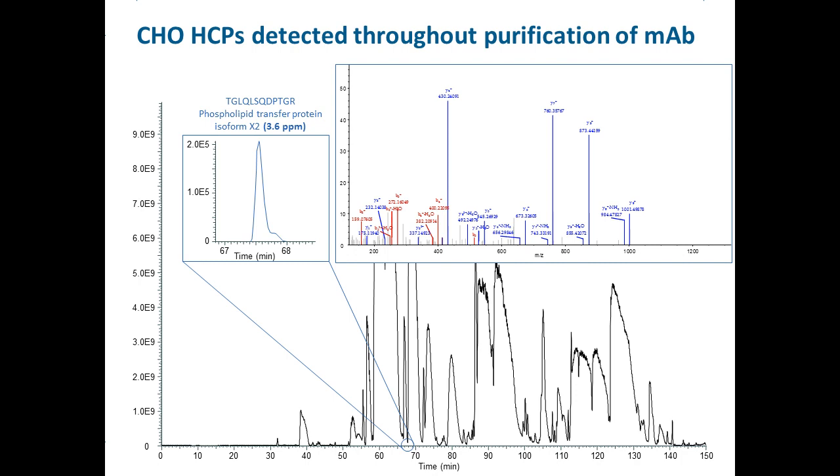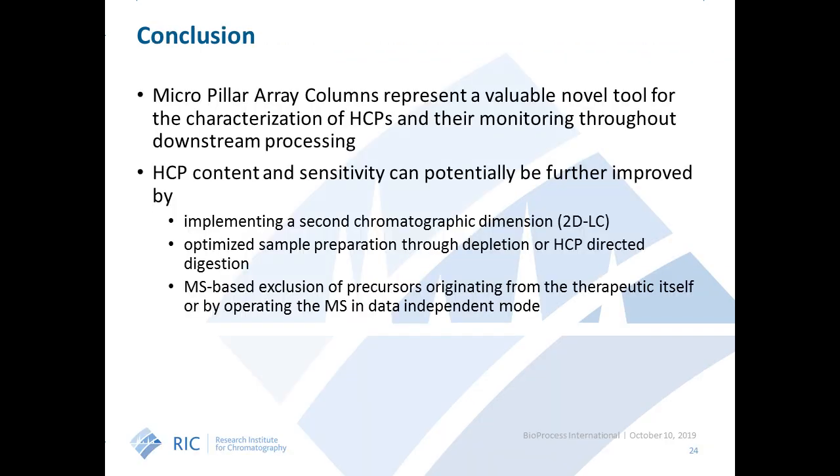And of course, if we want to detect host cell proteins at high sensitivity, this overloading is really required, especially if we want to go down to 1 ppm. But the µPAC column can clearly handle this overload. And in some specific cases, we could even cross the 1 ppm barrier, which is the ultimate in host cell protein analysis.